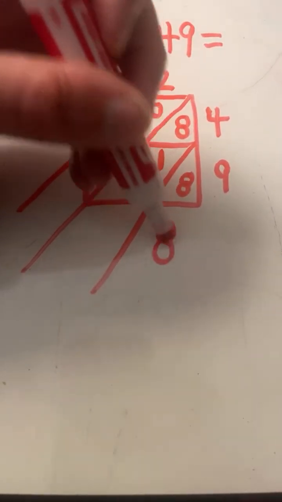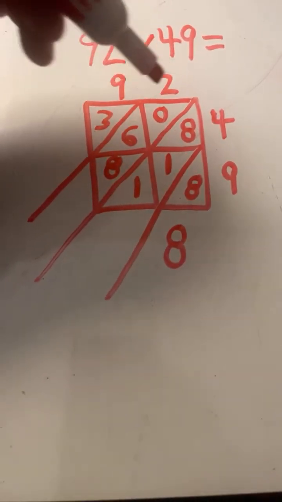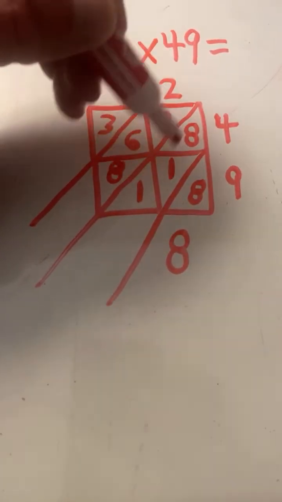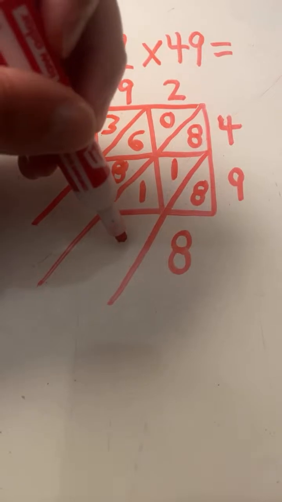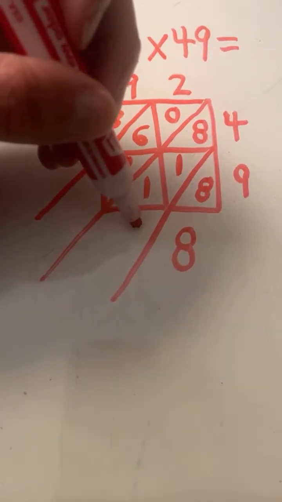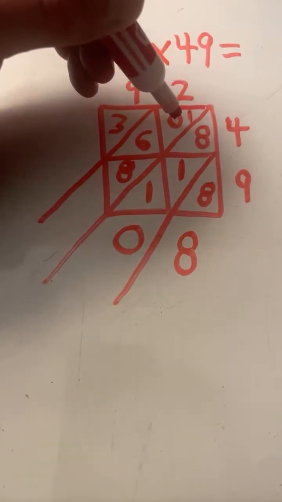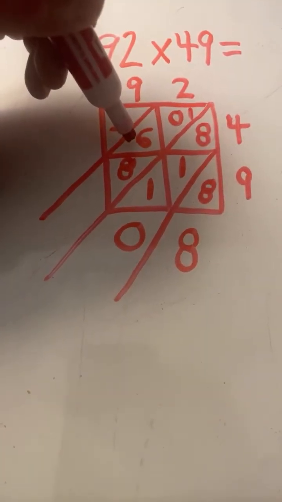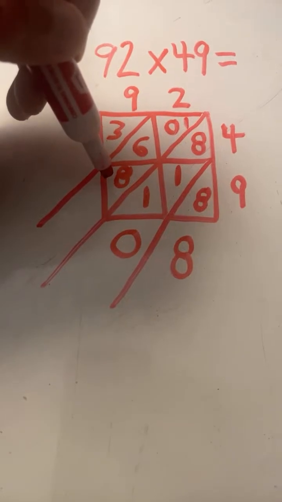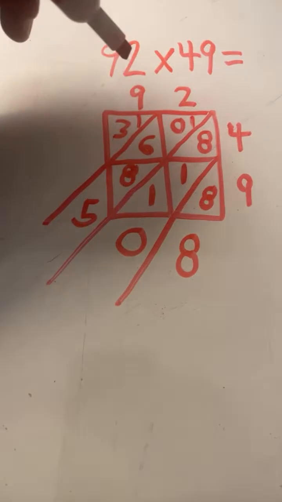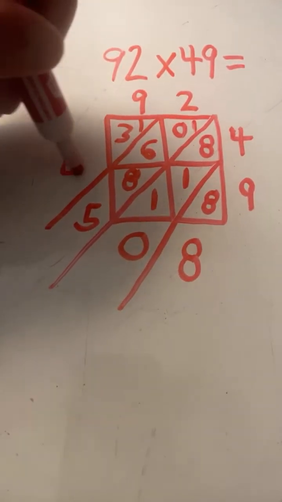So here, the only number there is 8. Now adding the numbers in between these two diagonal lines, 8 plus 1 plus 1, 8 plus 1 equals 9, plus 1 more equals 10. So we have to regroup. 0 carry the 1. 1 plus 0 equals 1, plus 6 equals 7, plus 8 equals 15. 5 carry the 1. 1 plus 3 equals 4.